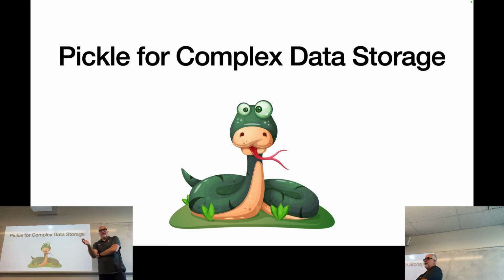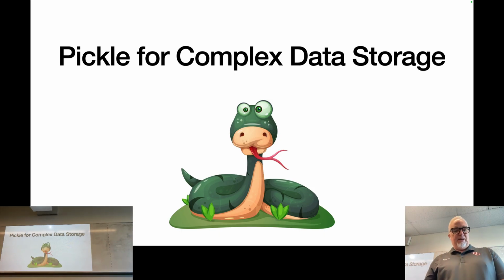That's useful. But there's a lot of data that we're working with now, and especially as we move forward, that is way more complex than that, right? Dictionaries, lists, and pretty soon we're going to be creating custom objects. Those things can be a lot more difficult to save than just a string. And so Pickle is a module that really makes that a lot easier.